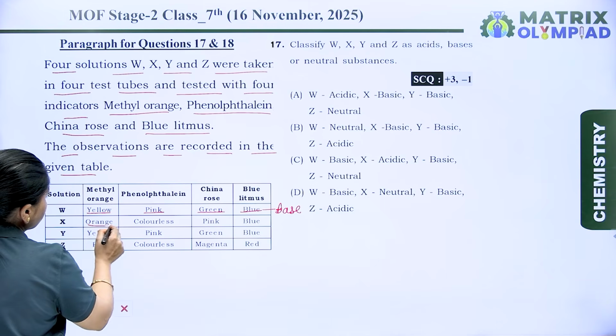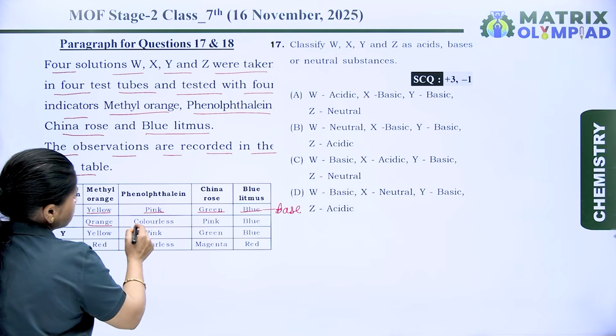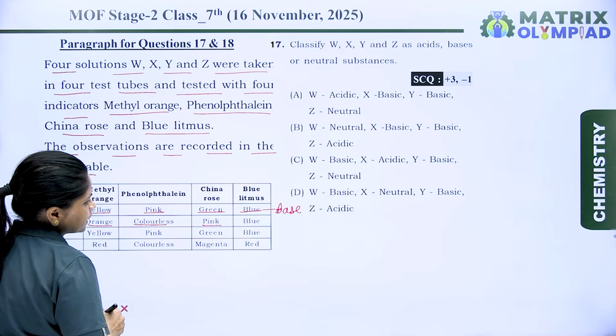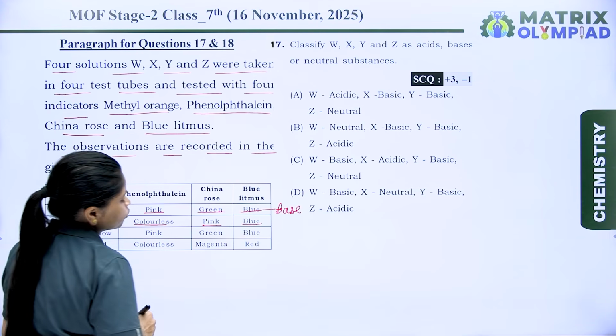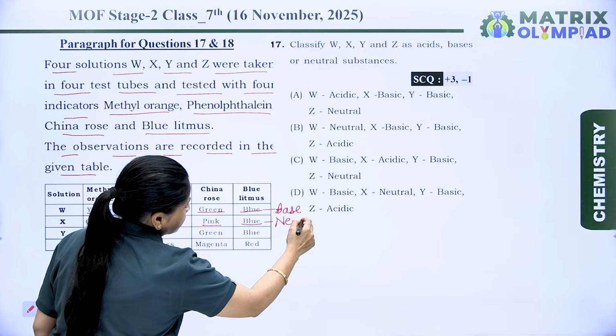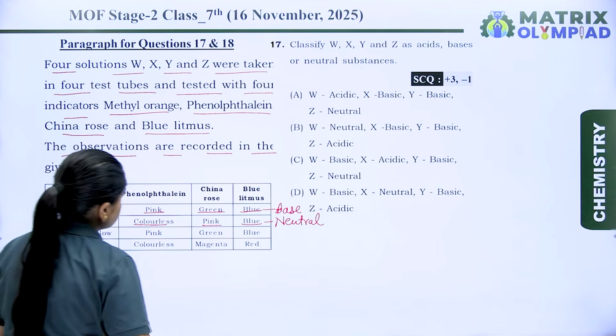X gives orange with methyl orange, colorless with phenolphthalein, pink with China rose and remains blue with blue litmus, and it indicates a neutral substance.